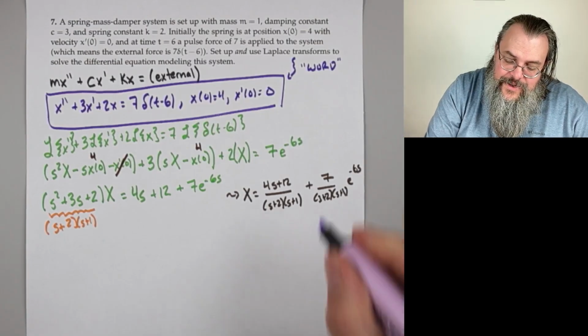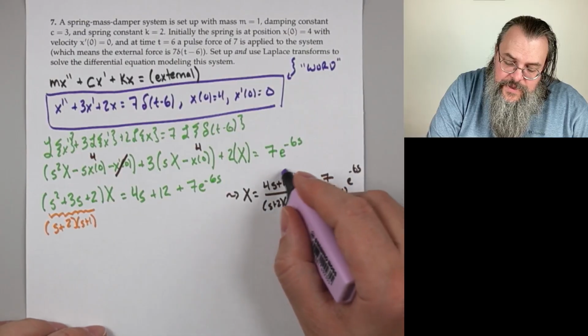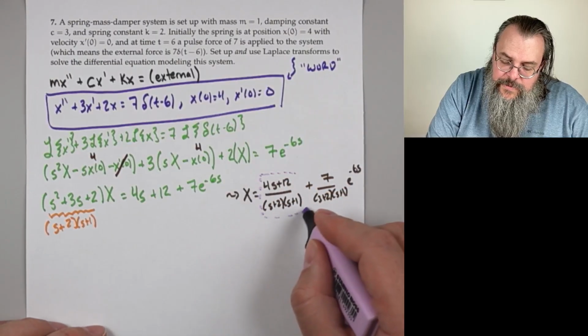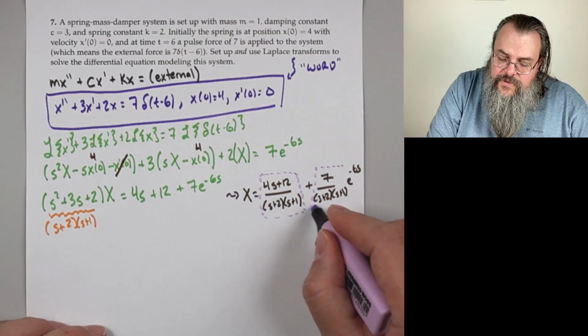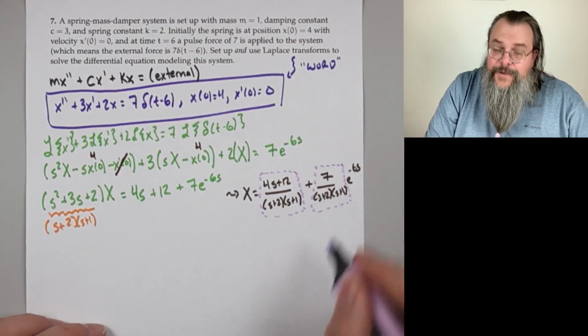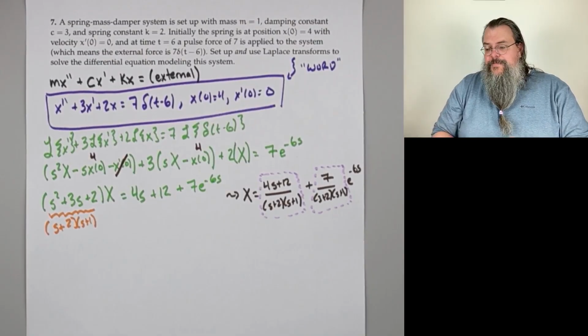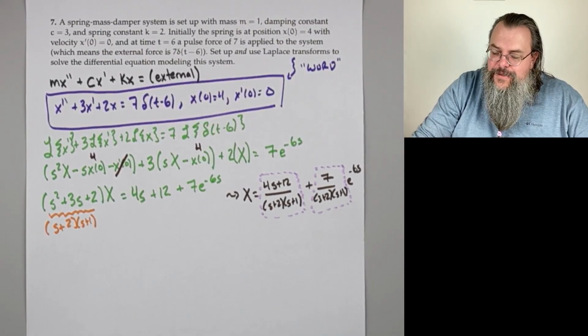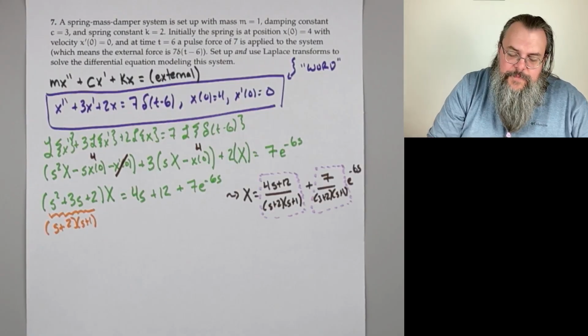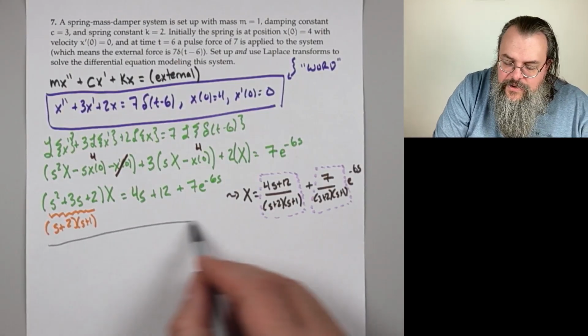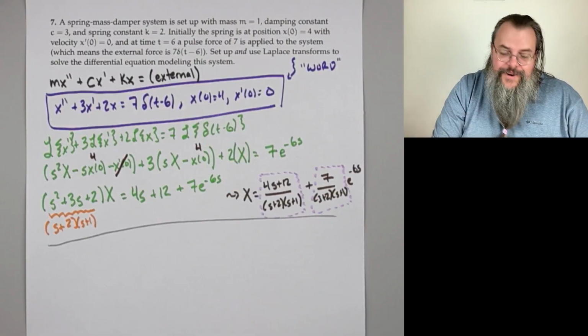All right, so we have two pieces here. The 4s plus 12 over s plus 2 times s plus 1, and the 7 over s plus 2 times s plus 1. We're going to have to do them separately. But that's okay, because these are the nice kinds of partial fractions. The kind of partial fractions we could introduce to our family and not be terribly embarrassed about.